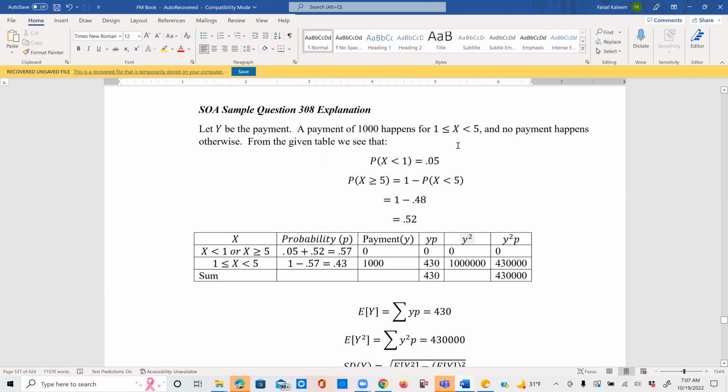So from the given table, as I briefly mentioned, the probability X less than 1 is 0.05, and the probability X greater than or equal to 5, by our fundamental laws of probability, would be 1 minus the probability X less than 5.